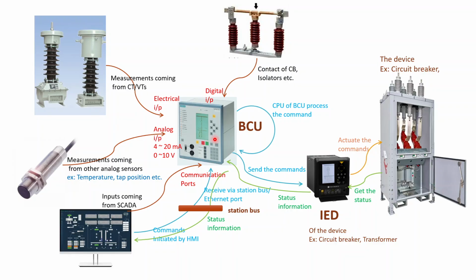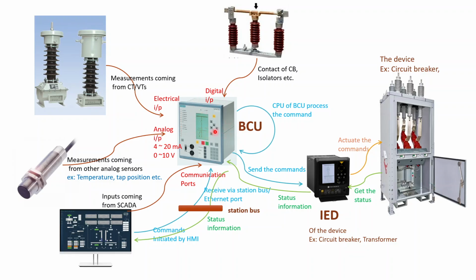So what's basically happening here is, okay, these bay controllers collect all this information, right? And there will be some commands initiated by the human machine interface or this SCADA system, right? And this will go to the bay controller unit. The bay controller unit basically has a CPU, or processing unit.